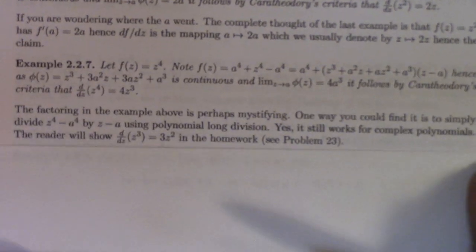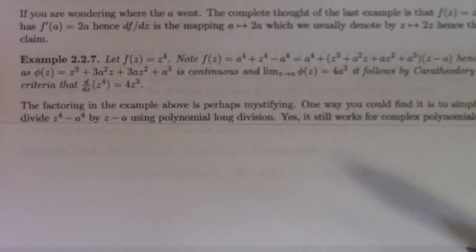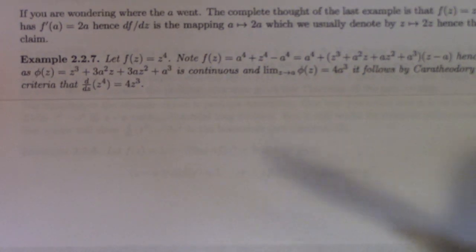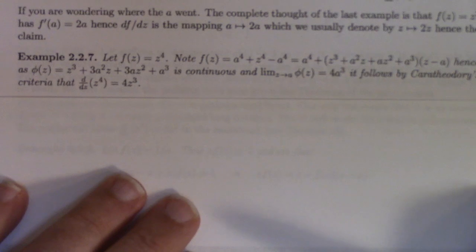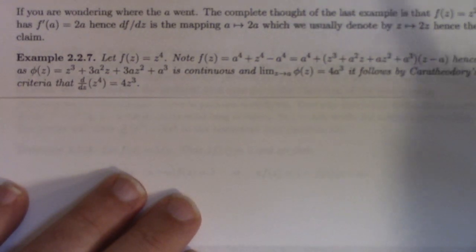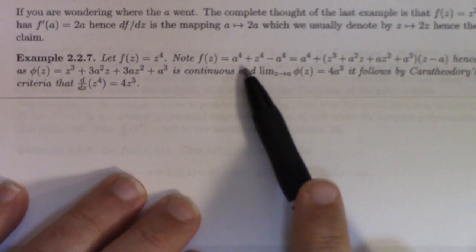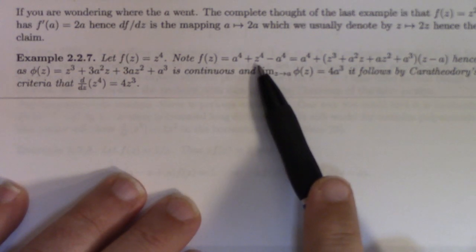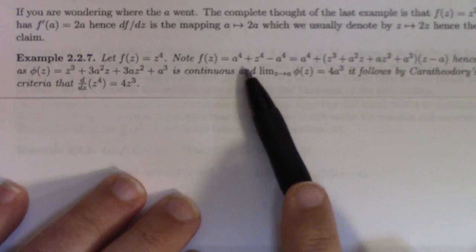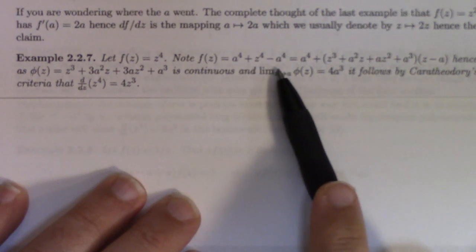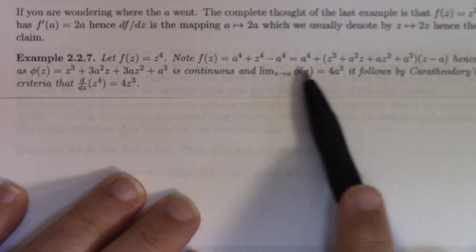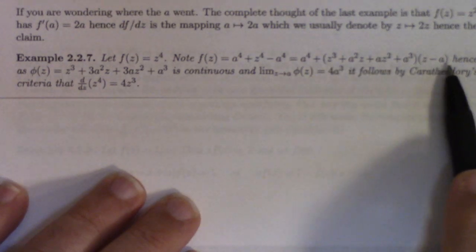Here's the Carathéodory argument for z to the 4th. And the Carathéodory arguments, I do admit, involve a certain amount of sneakiness. So here I added and subtracted 0, and the reason I did that is I can factor z minus a off z to the 4th minus a to the 4th, which gives me this.